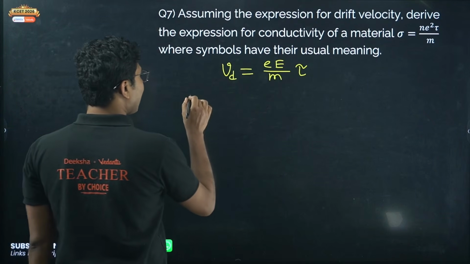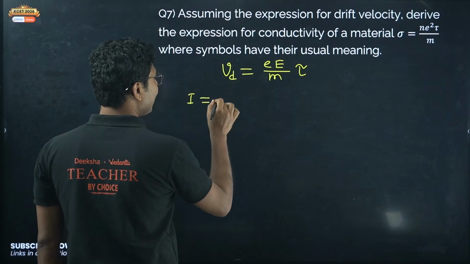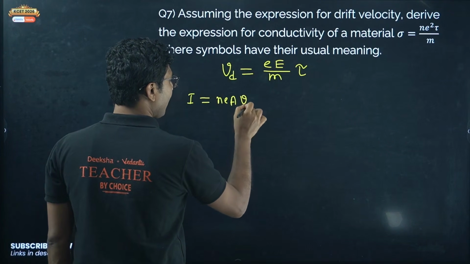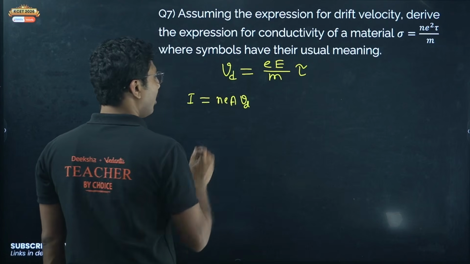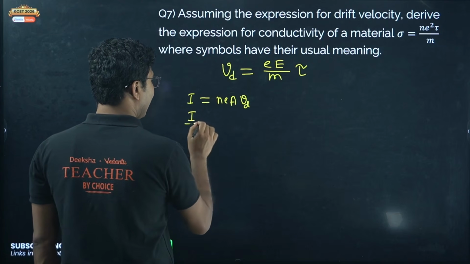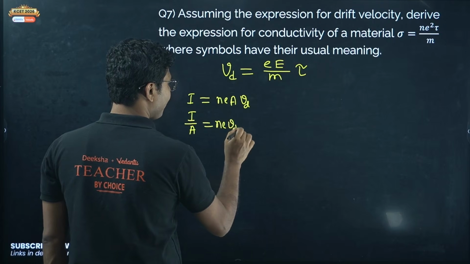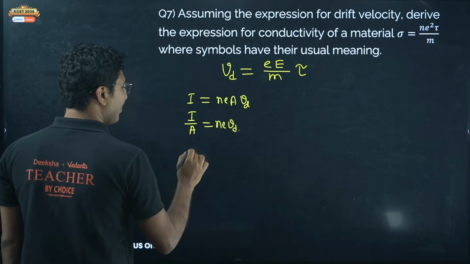Now we also know that current in a conductor is given by I equals nAe v_d, or I upon A equals ne v_d. What is I upon A? I upon A is current density.